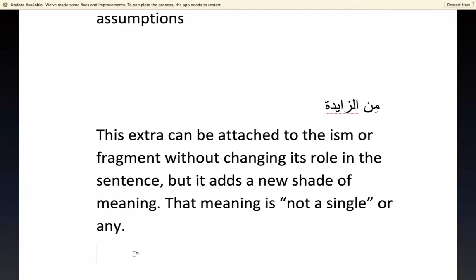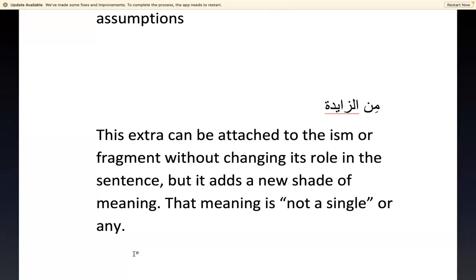But when you say there's not a single person in that house, you make it very emphatic. You don't put any doubt that there might be some person in the house. Especially, in English, if you say there are not people in the house, you'll understand, okay, nobody's there. But in Arabic, this is not the case. If you make a sentence normally like this, there are not people in the house, they'll assume there are some people.